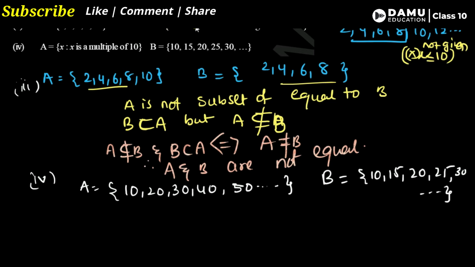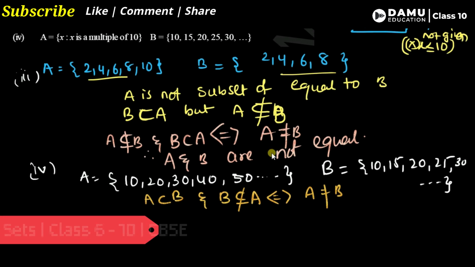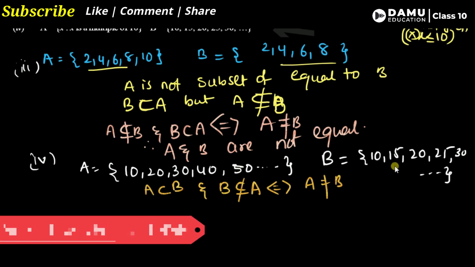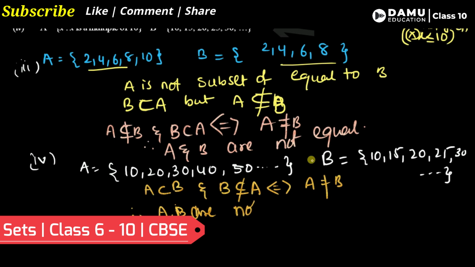Here you can write that A is a subset of B, because all the elements presented in A will be presented in B, and B is not a subset or equal to A. That implies, if and only if, A is not equal to B. The condition to say equal is that whatever elements are there in A should be present in set B. All the elements should be present in both sets, then only we can say A equals B. Otherwise, if any condition is false, we cannot say it. Therefore, A and B are not equal.